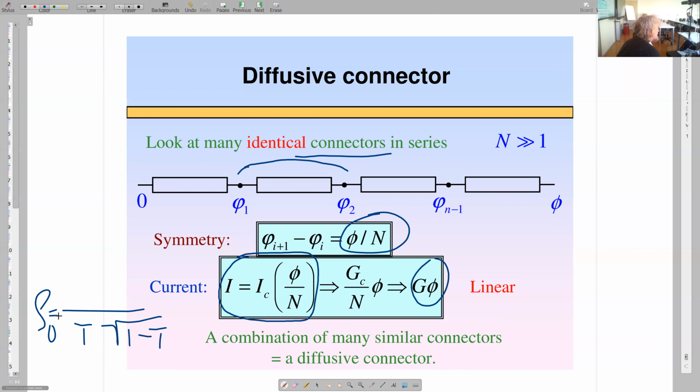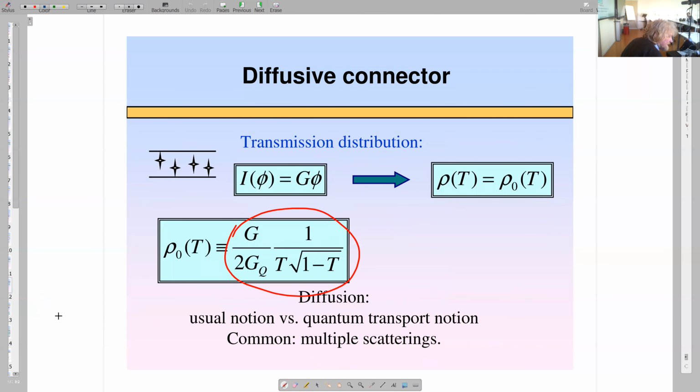The basic elements are tunnel junction, diffusive connector, and ballistic connectors. Let's combine them. All right, this is the formula which I was trying to reproduce. So this function, if you look at it, has two divergences, at small t and at t equals 1.